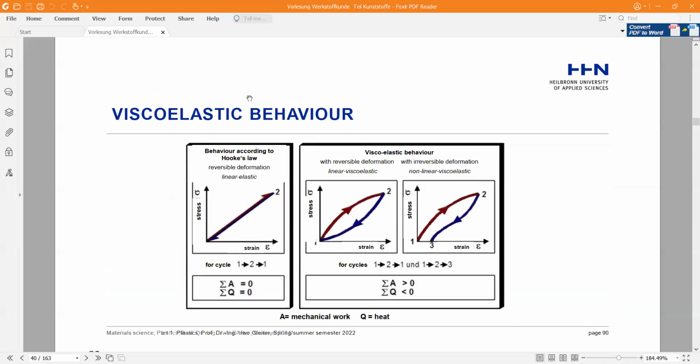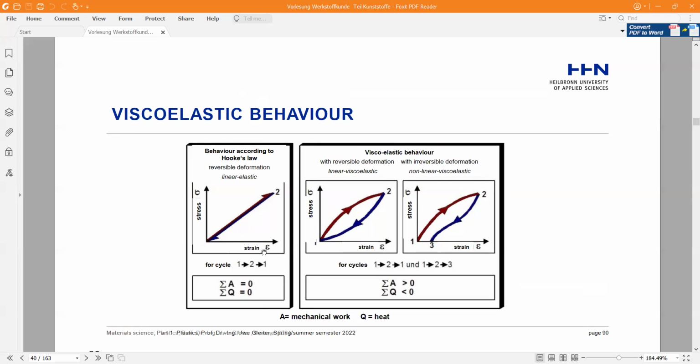So viscoelastic behavior, where we can define two types. First is behavior according to Hooke's law. It's a reversible deformation, linear elastic. Here we have linear behavior, which is increasing.